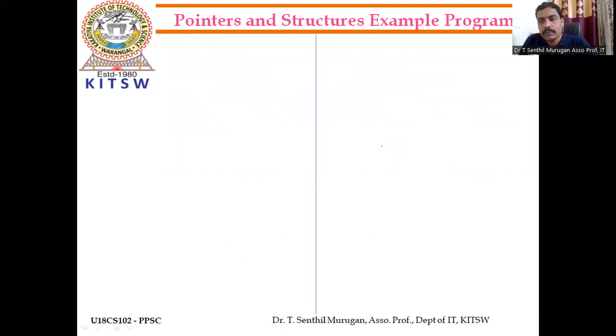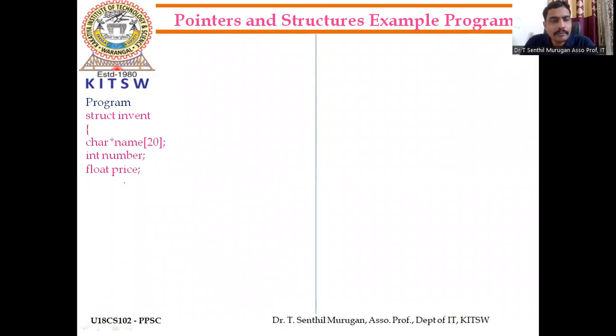Now we will see a simple example program. In the program, first I will declare one structure. In that structure I will create a pointer, a character array pointer. So when we represent strings, we use this pointer.